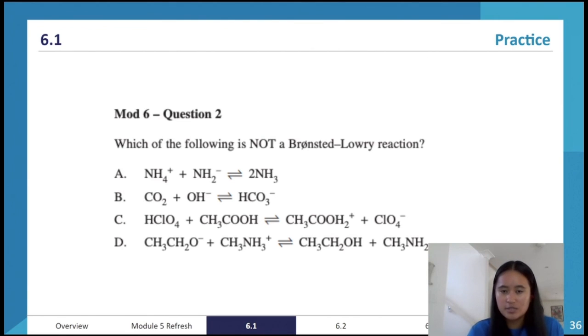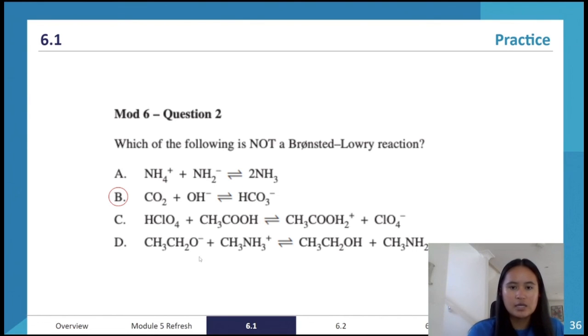So back to Brønsted-Lowry. Which of the following is not a Brønsted-Lowry reaction? For this, you just need to see if someone's donating a proton and if someone's accepting it. So if we look at B, you can see that they kind of just combine. No one really donates or accepts just an H. If we look at A, we see that NH4 donates a proton to NH2, and then they both become ammonia.